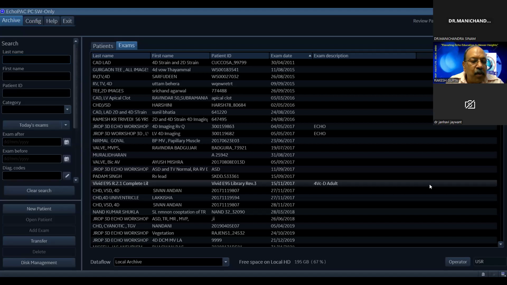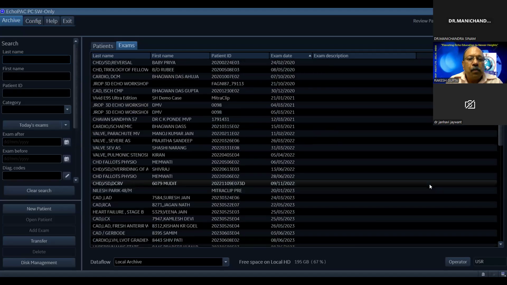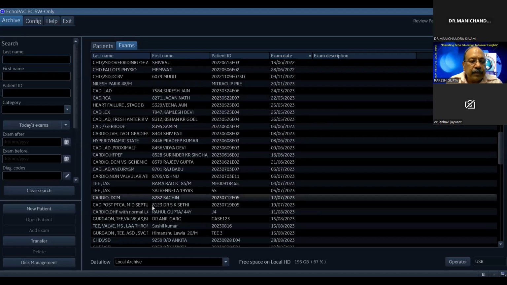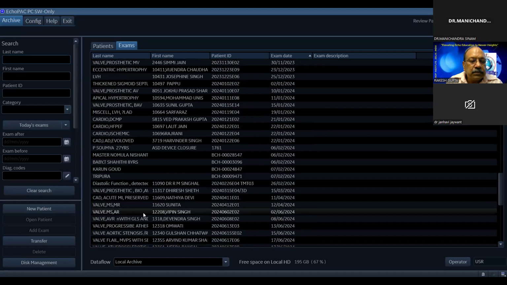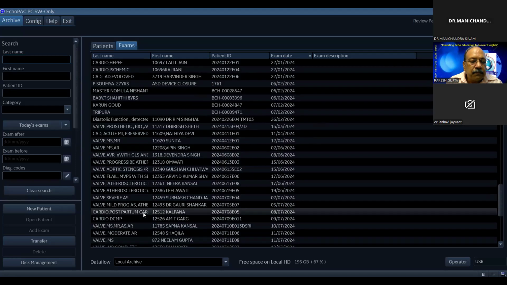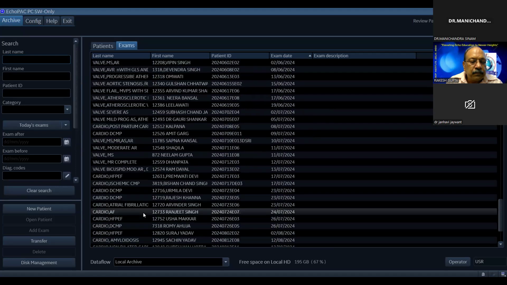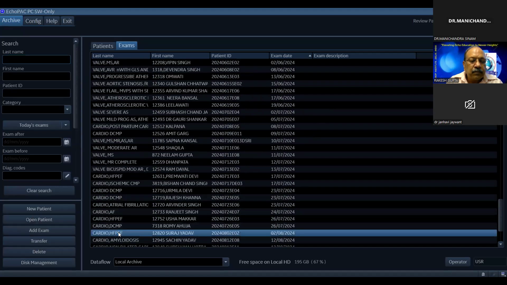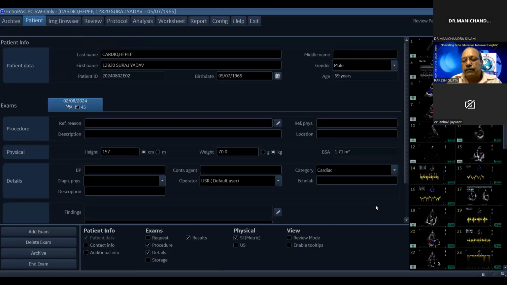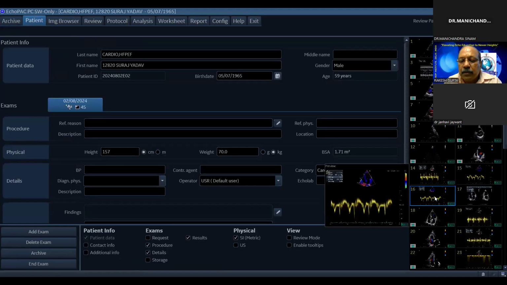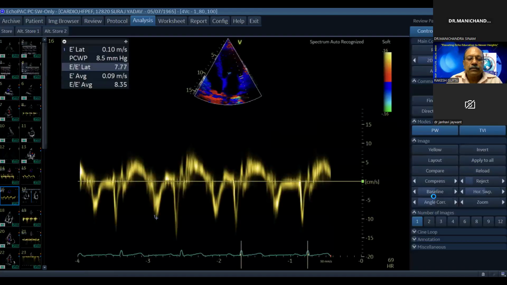Can you see my machine now? Yes, sir. Okay. What do we mean by reducing the gain and reducing the filter?